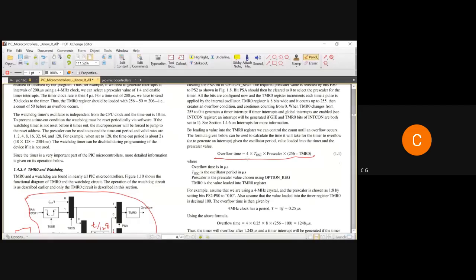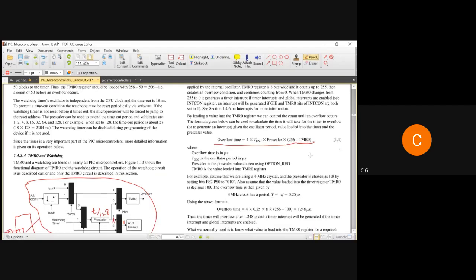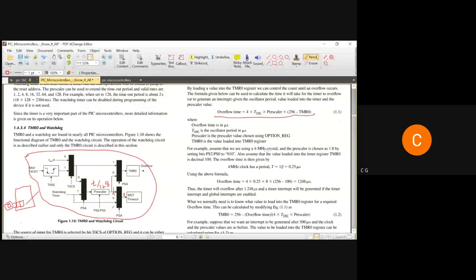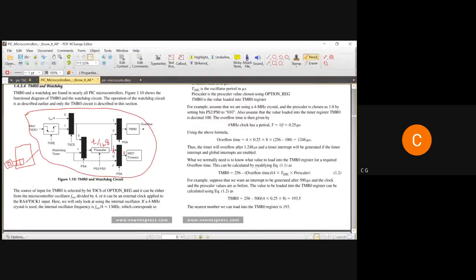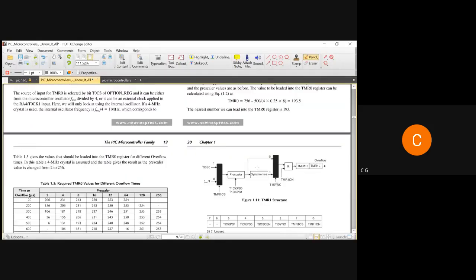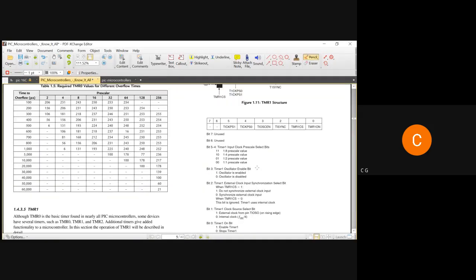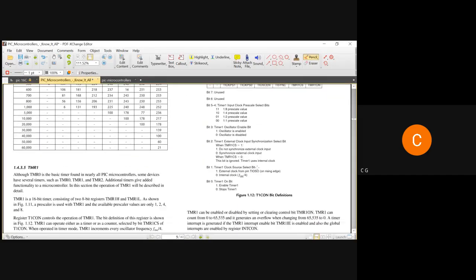Overflow time equals 4 into T oscillator into prescaler into (256 minus TMR0). 256 is the maximum prescaler ratio that you can have. All these parameters are technical knowledge required to program the processor or microcontroller when you are interested in doing that programming.